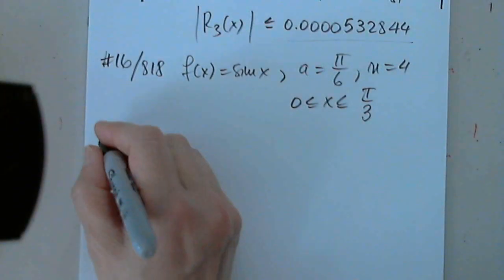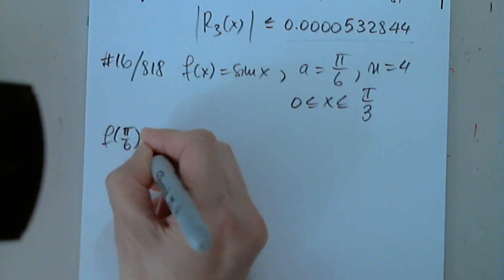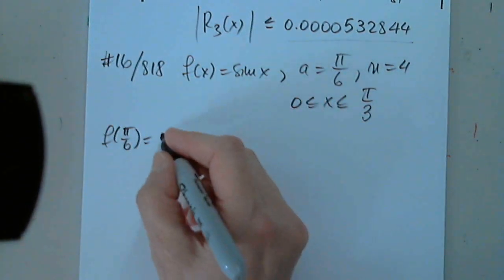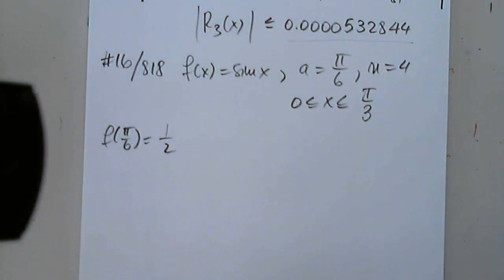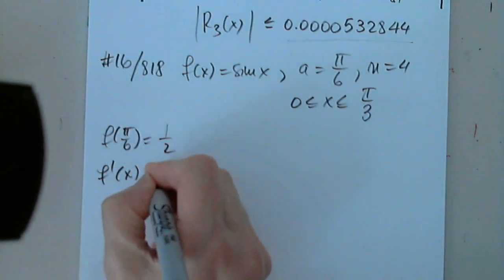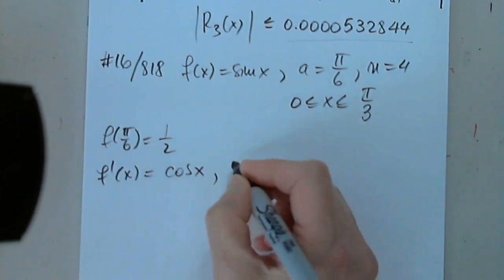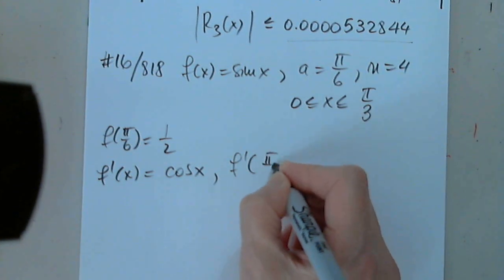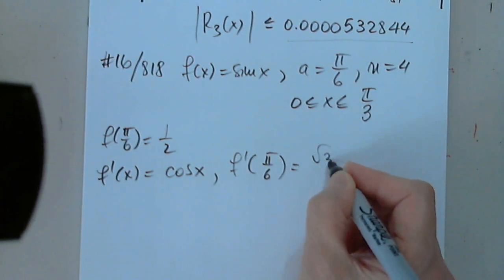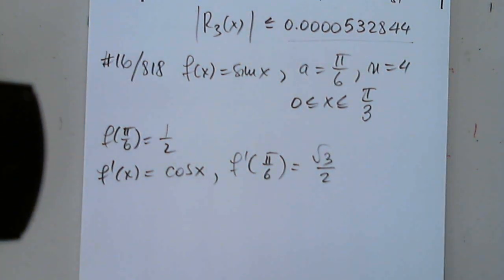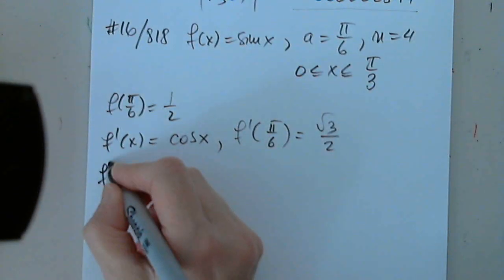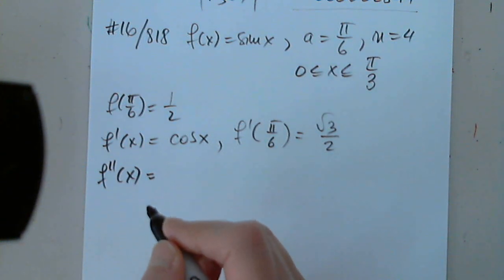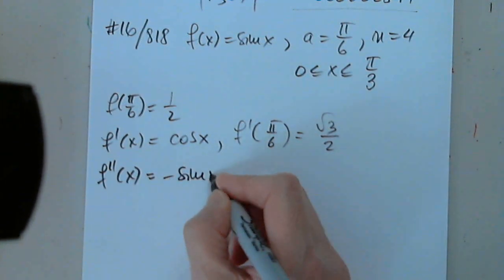So first, f of pi over 6. When we plug in pi over 6, we get 1/2. And then let's find f prime of x, which is cosine x. So f prime of pi over 6 will be the square root of 3 over 2. Okay, we're moving on to the second derivative. The second derivative is negative sine x.